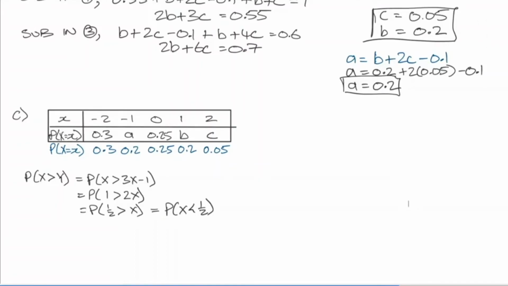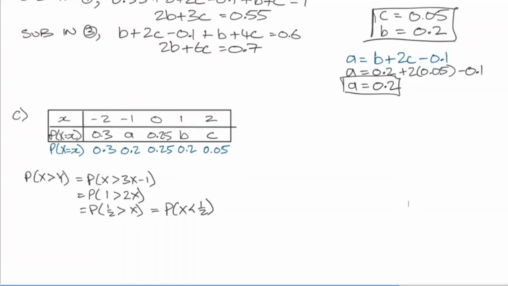And if you want to write it in a more familiar form, this is the probability that X is less than a half. So from the probability X is greater than Y, we've rearranged all the way to the probability X is less than a half. Now we look at the table. Which outcomes are less than a half? What are the probabilities associated with those particular outcomes?